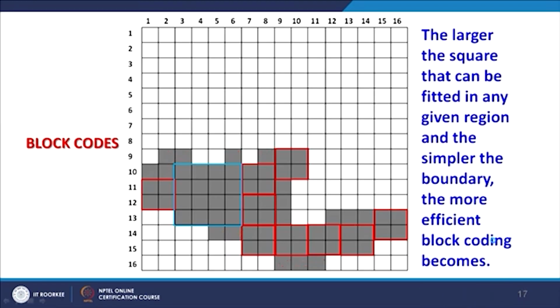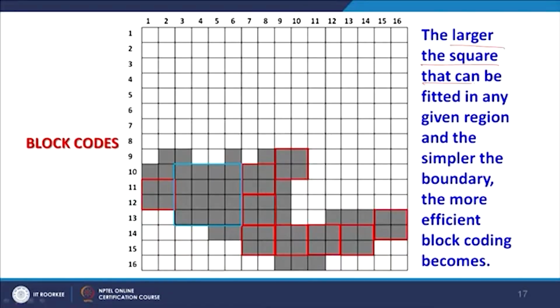Now here, you will achieve better efficiency or better compression if your input data has a lot of redundancy. That is almost true with everyone. So, the larger the square which can be created or fitted in any given region, and the simpler the boundary of this shaded or dark area, the more efficient block coding becomes.